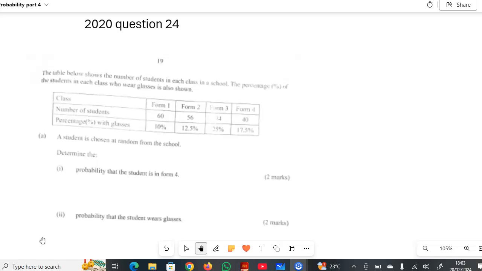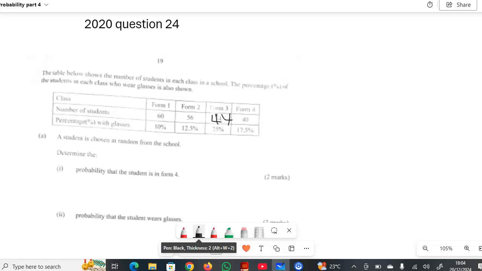You have the classes Form 1, Form 2, Form 3, and Form 4. The number of students in Form 1 is 60, Form 2, 56, Form 3, 44, and Form 4, 40.